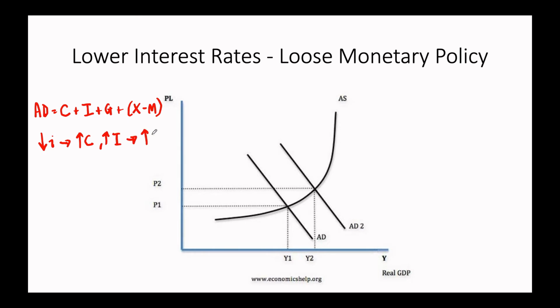This leads to an increase in aggregate demand. We can show this on our macroeconomic diagram here through an outward shift in the aggregate demand curve. This then leads to price levels to rise from P1 to P2, and it leads to real GDP to rise from Y1 to Y2.